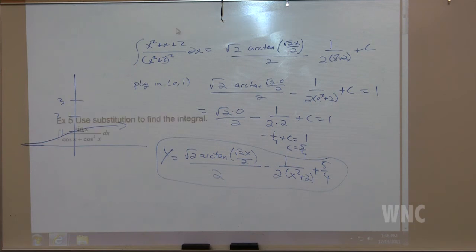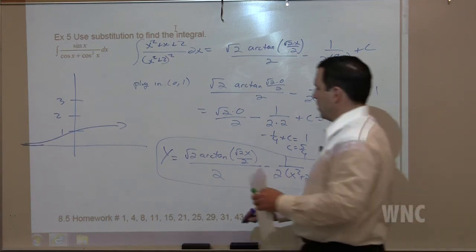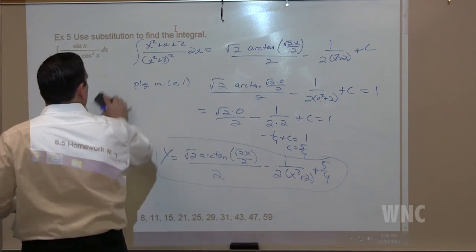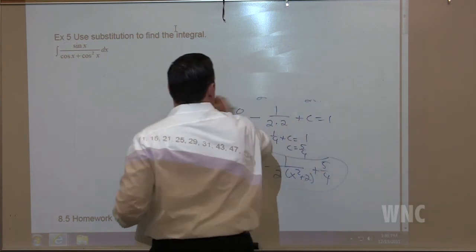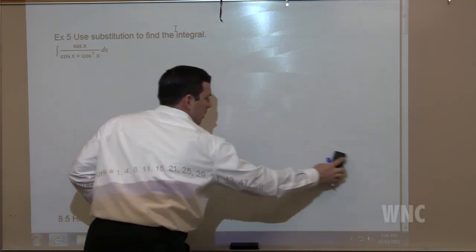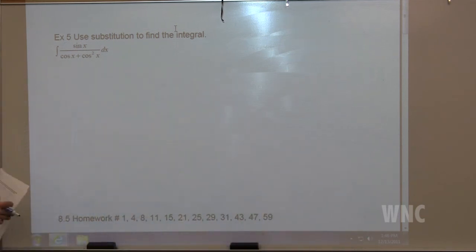Okay. Let's go on to example 5 here. It says use substitution to find the integral. We have the integral of sine x over (cosine x plus cosine squared x) dx.